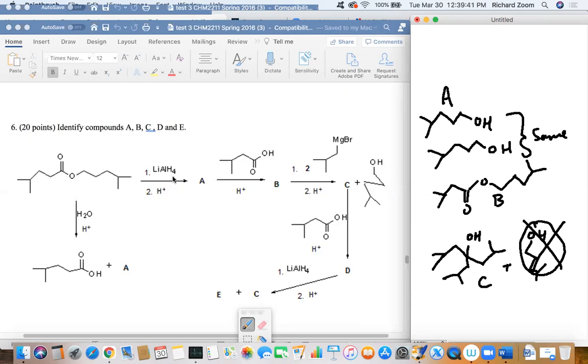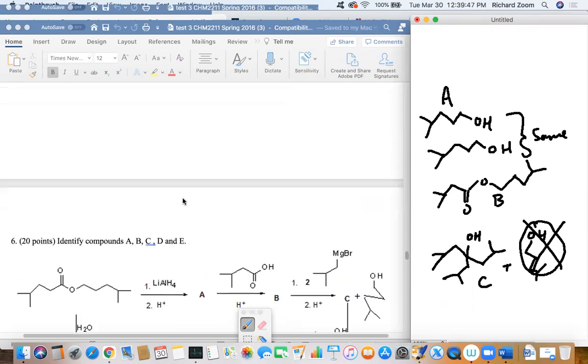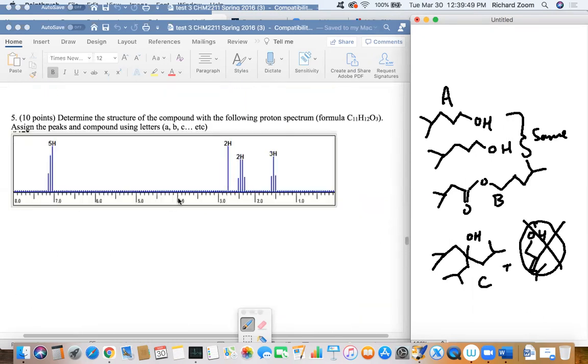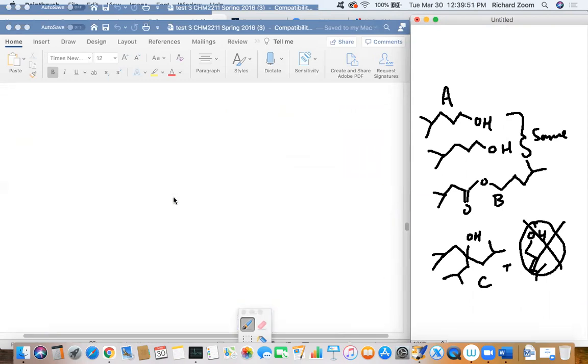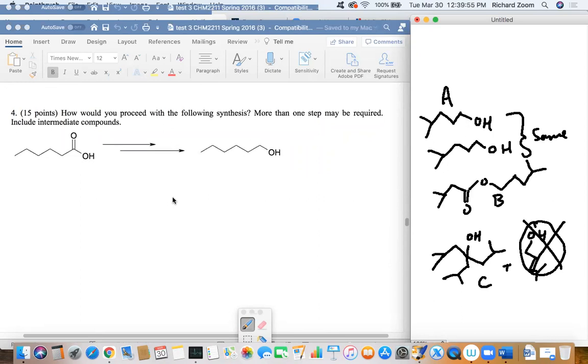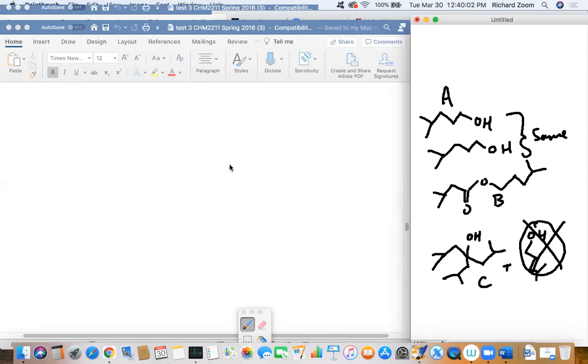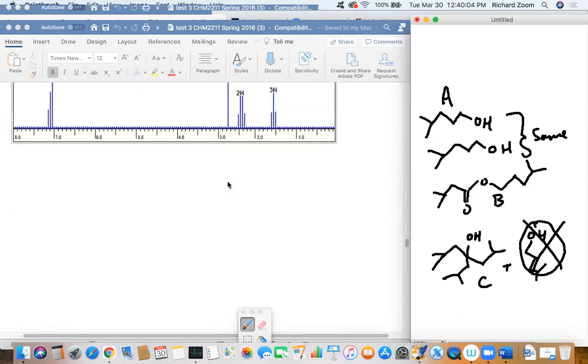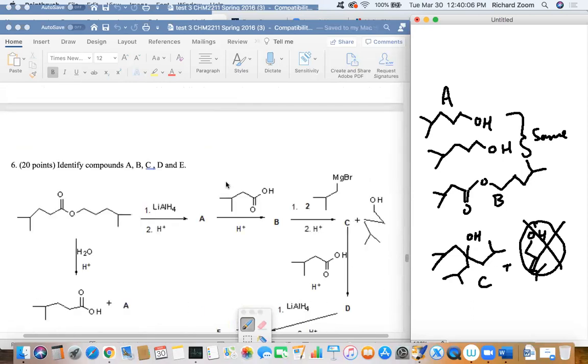But there's things here that are going to be helpful as you go through this. Let me look at the synthesis problem, see if that would be helpful. Yeah, even the synthesis problem might involve the lithium aluminum hydride as well. So if you were aware of that, that might be helpful in solving the synthesis problem too.